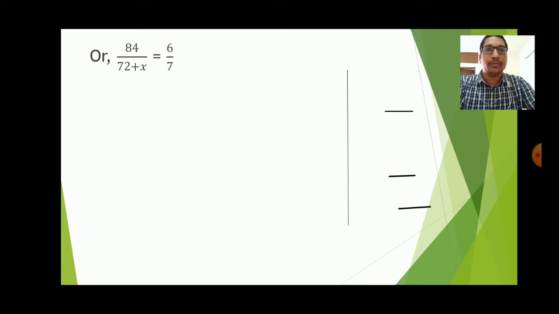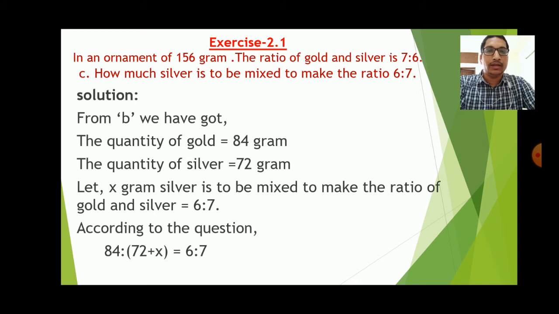Now here 84 divided by 72 plus x equal to 6 by 7. How we can write this one? Here again look at this equation. Here this is the ratio. We can write a ratio as a fraction. When we write a ratio as a fraction, at that time the antecedent will be the numerator and the subsequent will be the denominator.